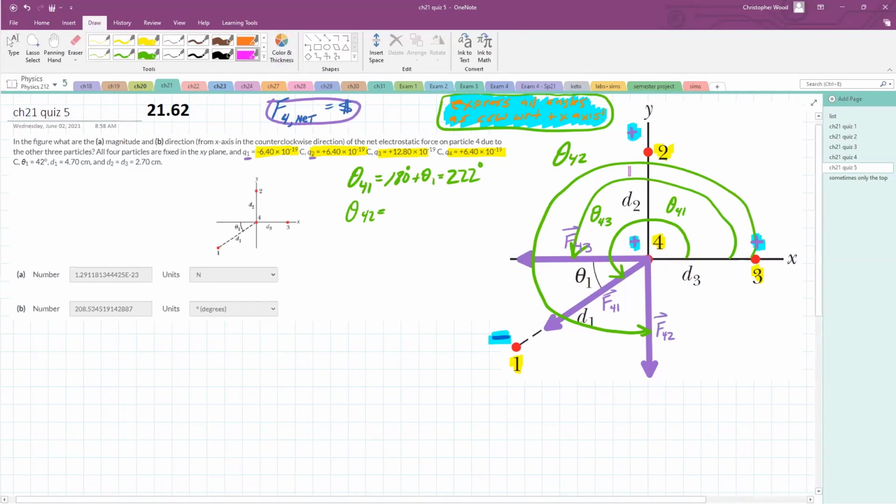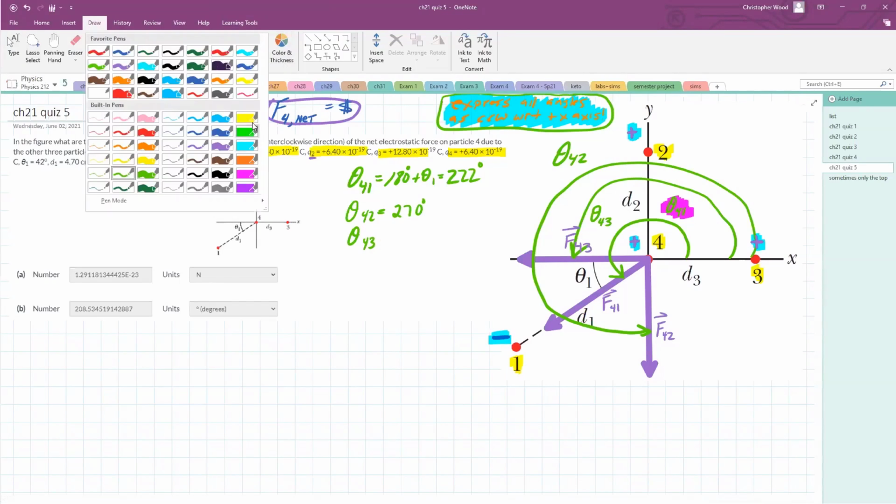Theta 42, let me make sure. So let me just go through this. This is theta 41. Theta 41 is right there. And yes, it's 180 plus theta 1, so I'm confident about theta 41. Theta 42 is 270, so I can see that right away.